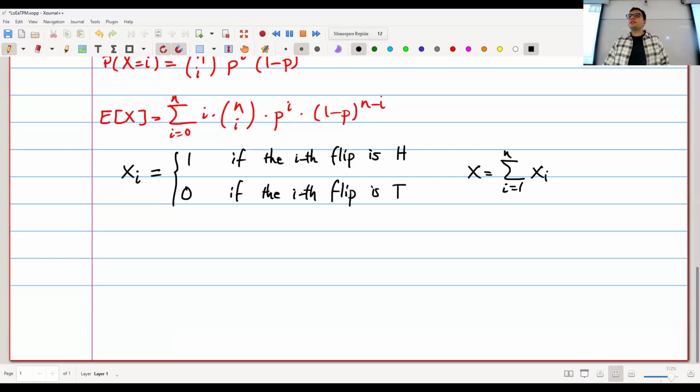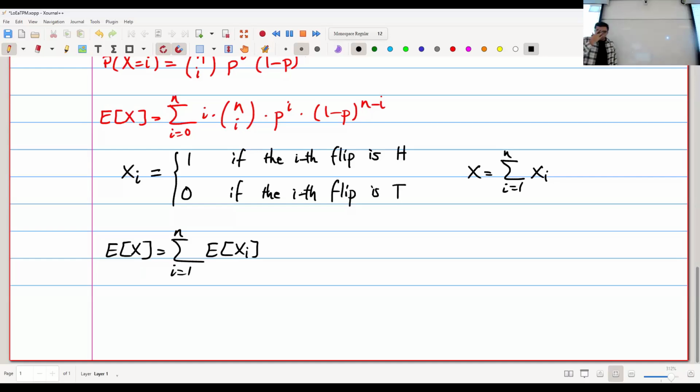So the expected value of X is going to be the sum of the expected values of the Xi's. What is the expected value of Xi? Whenever I have an indicator random variable, my expected value is just the probability that it's 1. That's by definition. So what is the probability that Xi is 1?